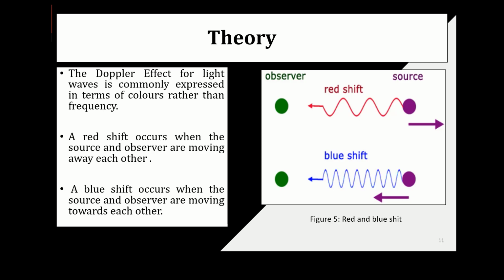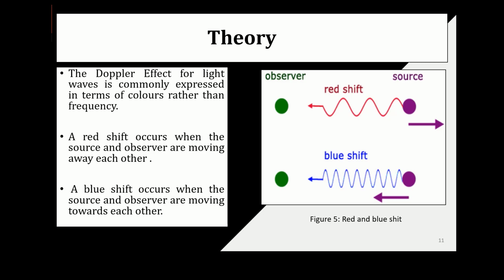When the wavelength is increasing, what color do we get? According to the VIBGYOR pattern, red color has the higher wavelength, so when it moves to a higher wavelength, redshift will be there. When we talk about light waves, we talk about the shift in terms of colors: redshift or blue shift.